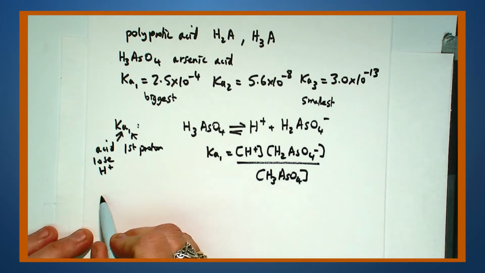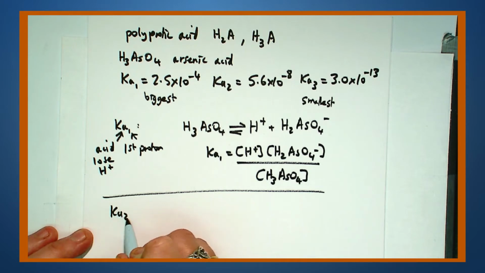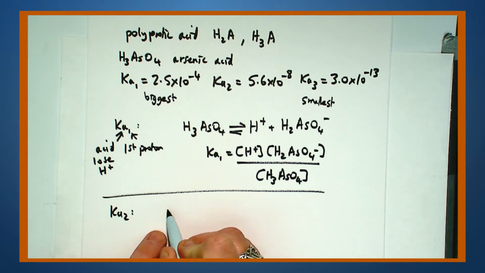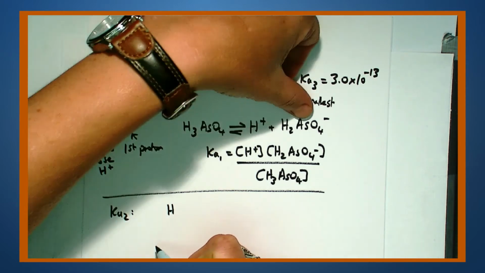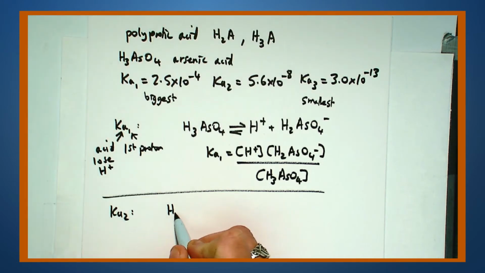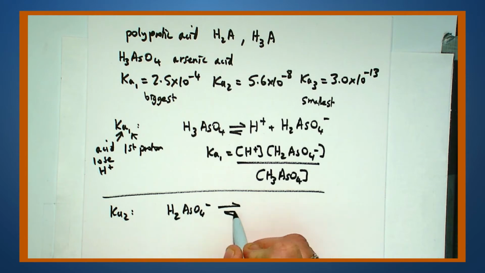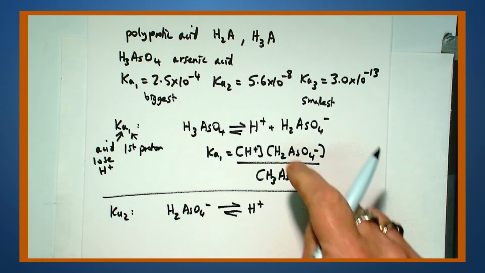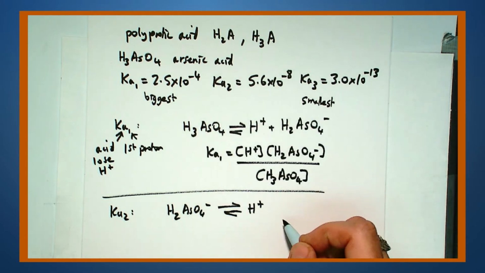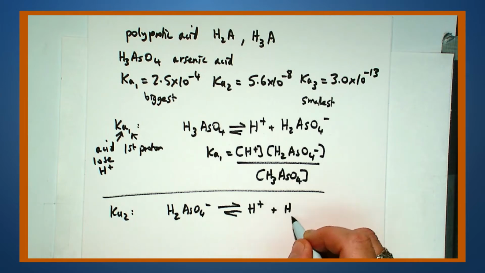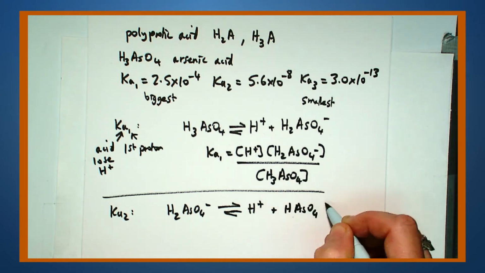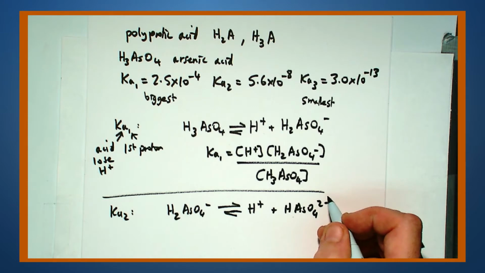Then we have the second step, Ka2. We have to start with what we finished with at the end of the first step, which is H2AsO4 minus. We're going to lose a second proton. Notice there's still going to be only one proton here. And then we're going to have HAsO4, now 2 minus because we've lost 2 protons.